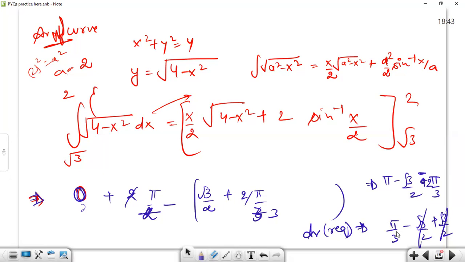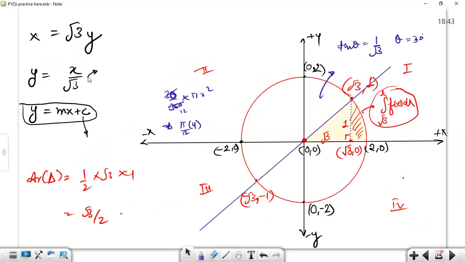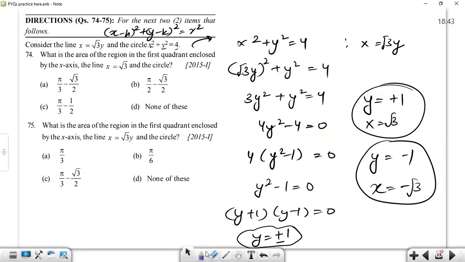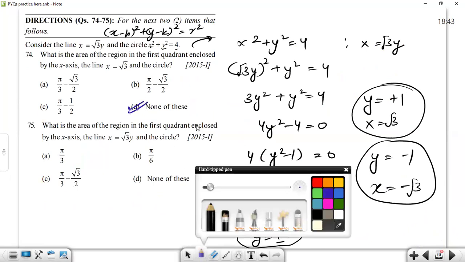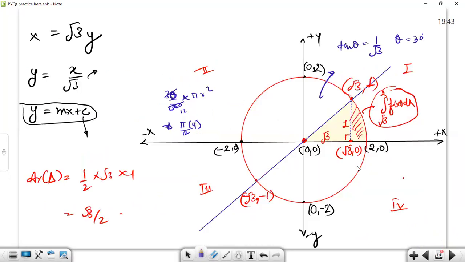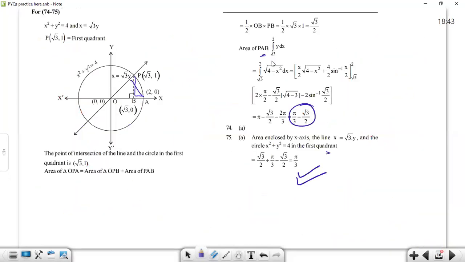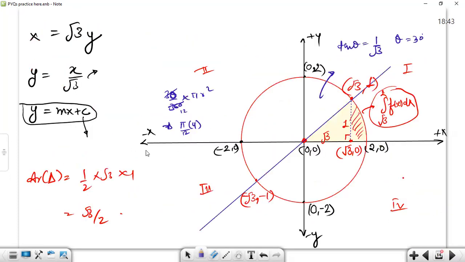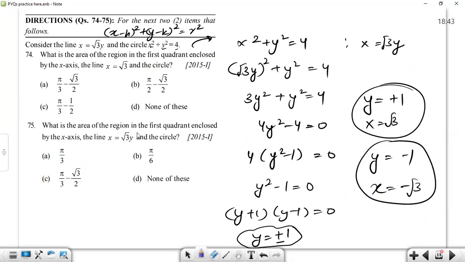After doing that we get pi by 3 for the first, but there's no right option in this. This is a misprint, I guess. There should be D, but the given answer is A, which is incorrect. There should be D, and it is also given in the written solution that the answer is pi by 3. Okay, so we'll see what the second question says.